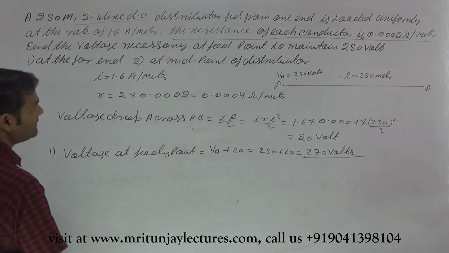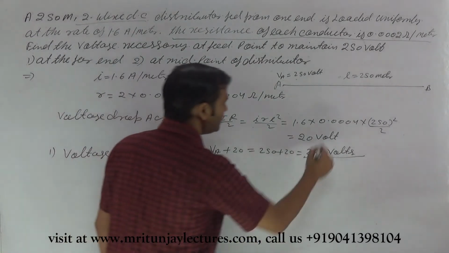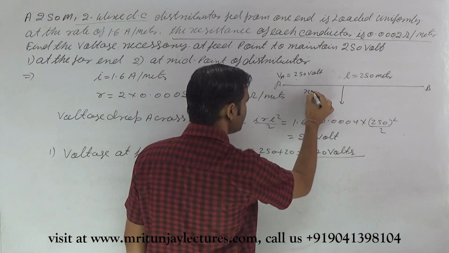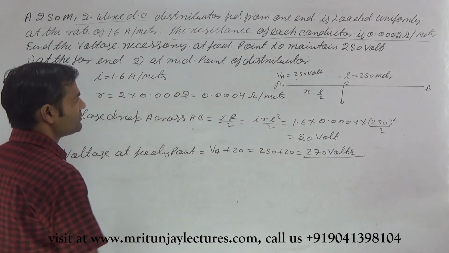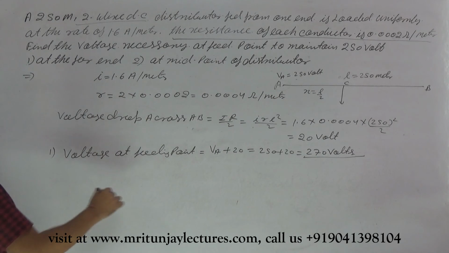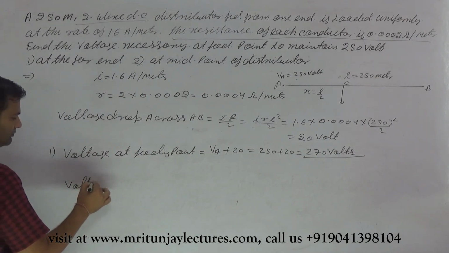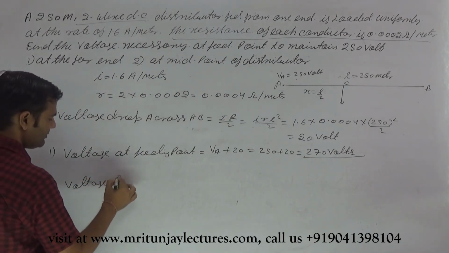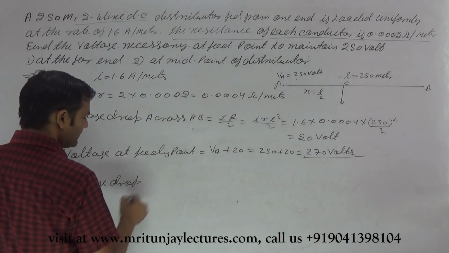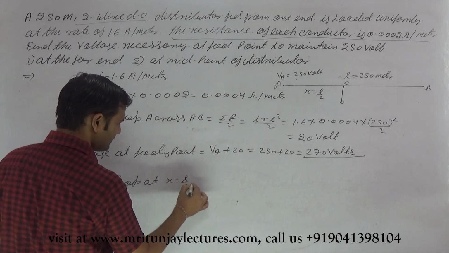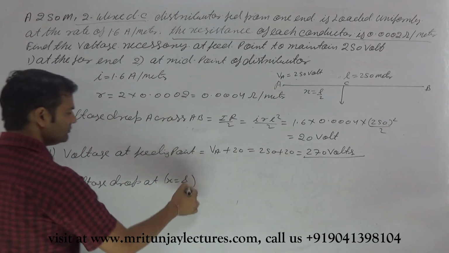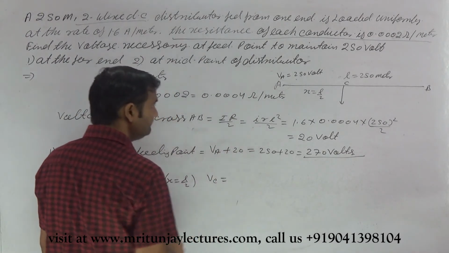Now the next one: at the midpoint of the distributor, X equals L by 2, that is point C. So the voltage drop at X equal to L by 2, that is VC.